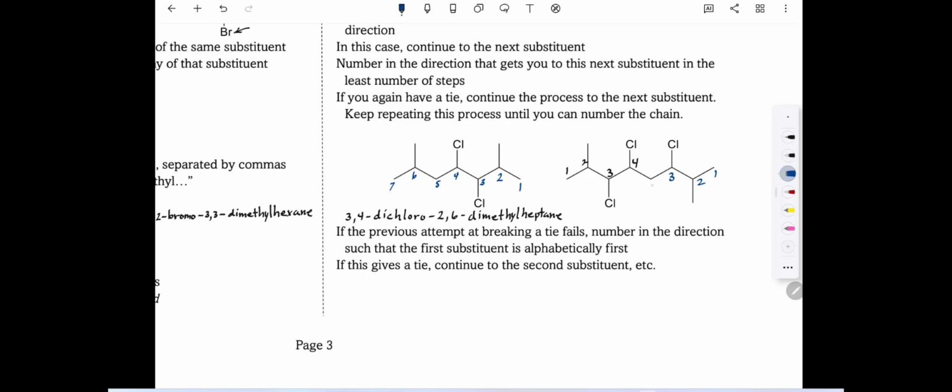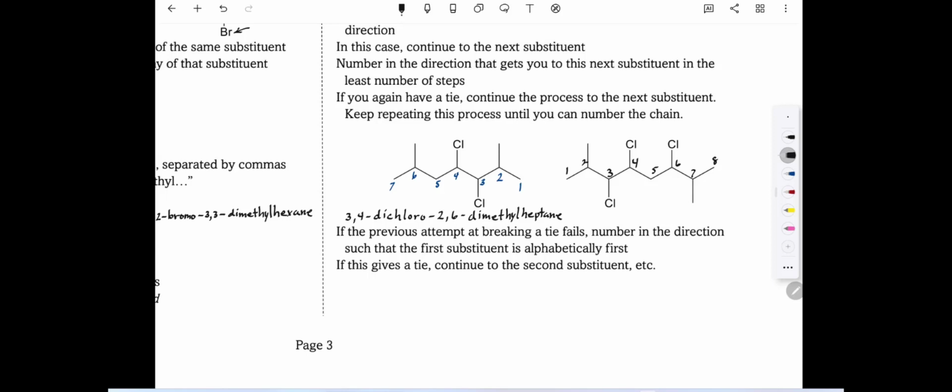If we're going from the right, it wouldn't be until carbon number 5 that you'll get to another substituent. So 4 is less than 5. We're going to want to number this time from the left. And so the numbering is 1, 2, 3, 4, 5, 6, 7, 8. So the parent is octane.